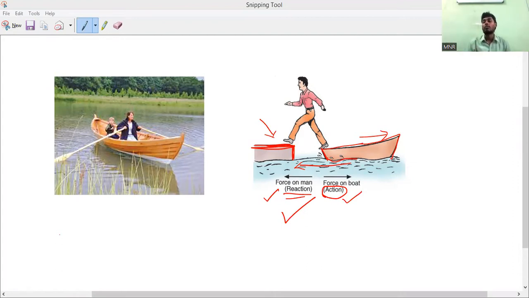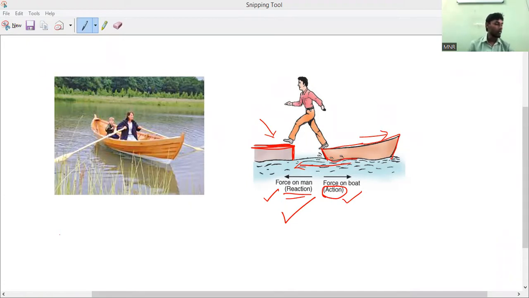When the boatman exerts a force on the bank with his oar, that is the action, then the bank will exert an equal and opposite force, the reaction, on the boat, so that the boat moves forward, away from the bank. Bank means not the cashier bank, the river bank. Do you understand, everyone? Yes, sir.